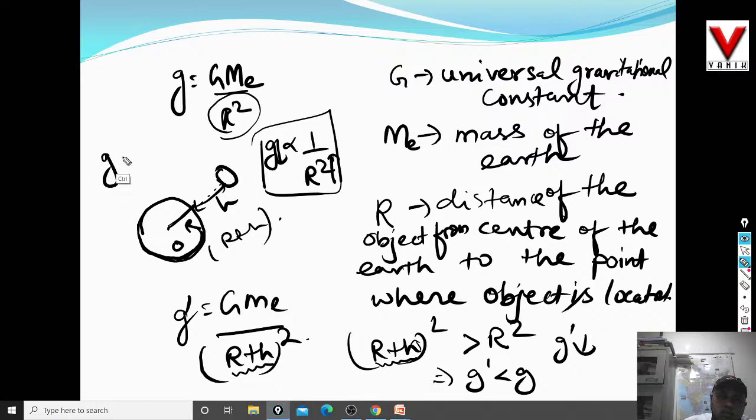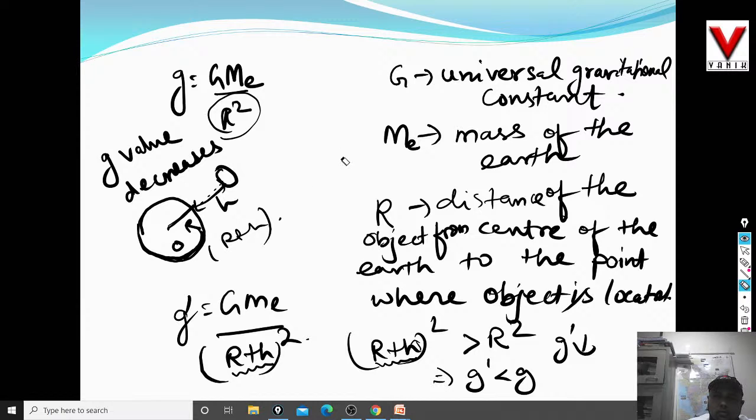Small g value decreases with increase in height.